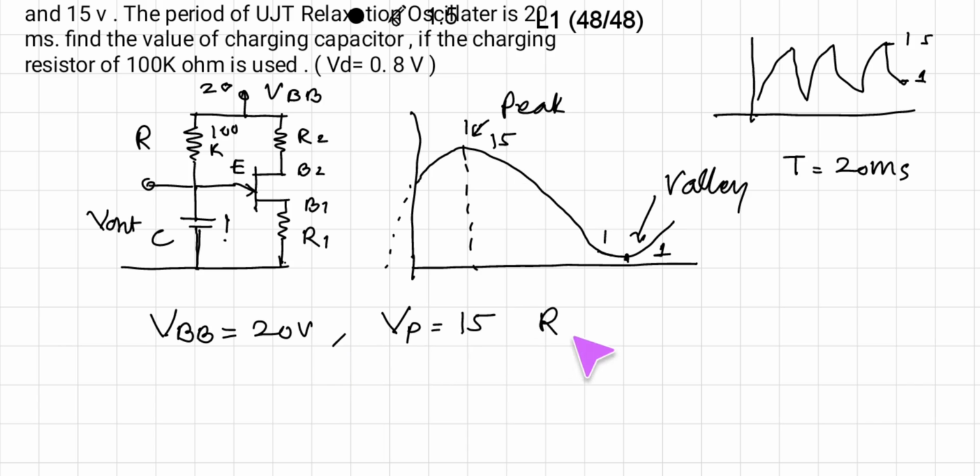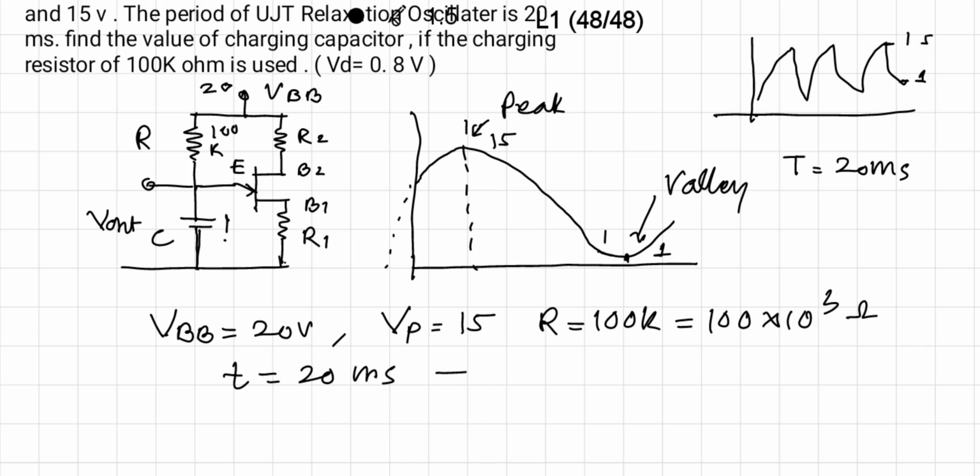then remember that this resistance and capacitor decide the frequency or period of these oscillations. So R is equal to 100 kilo ohm, that is equal to 100 into 10 raised to 3 ohm. T is given as 20 millisecond, that is 20 into 10 raised to minus 3 seconds.